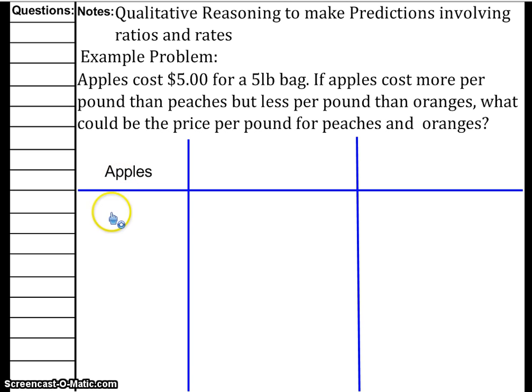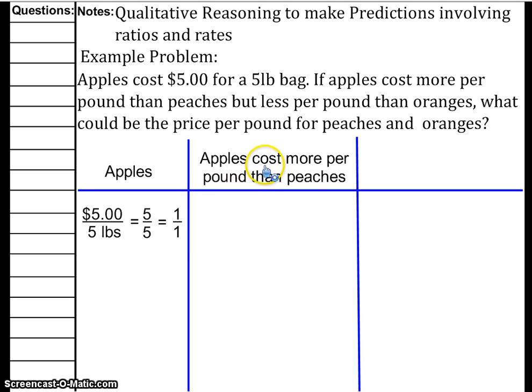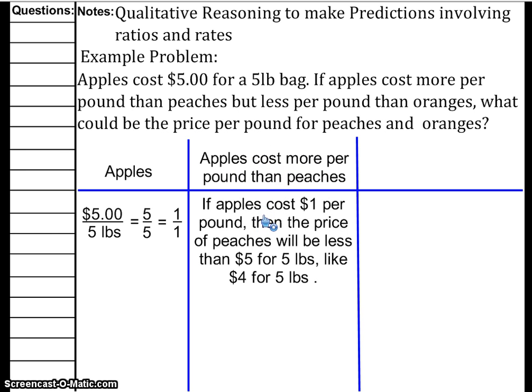Here we have apples. Well, it says $5 for 5 pounds. So when we simplify the ratio, we get $1 for every 1 pound of apples. Then it says apples cost more per pound than peaches. So if apples cost more than peaches, then peaches have to be less than $1 per pound.